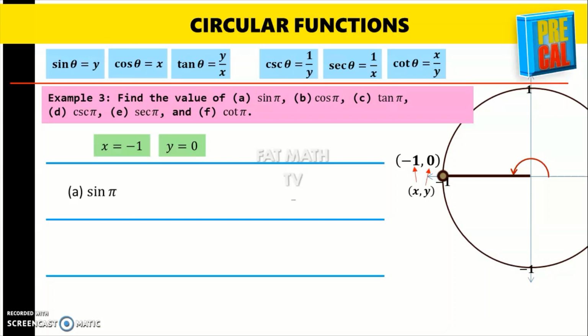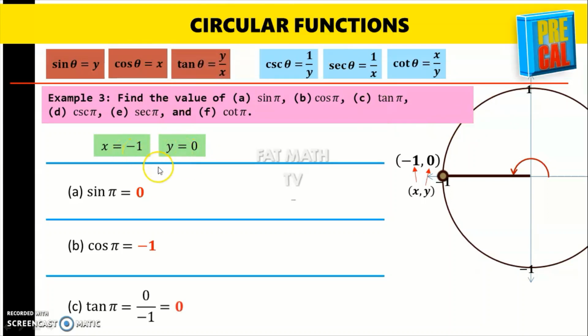Sine of pi is y, so that's 0. Cosine is x, so that is negative 1. Tangent is y over x, so that's 0 over negative 1. 0 divided by negative 1 is 0. Cosecant of pi, so that's 1 over y, so that's 1 over 0.